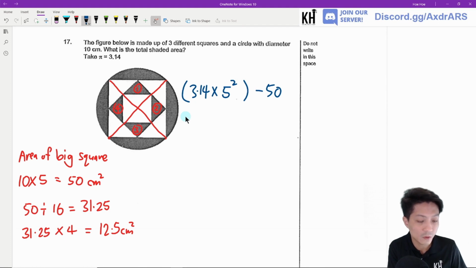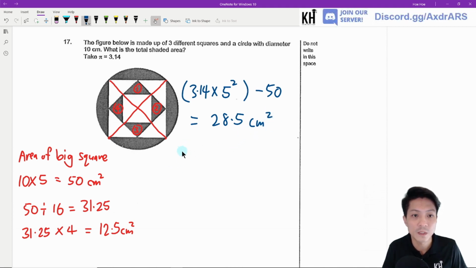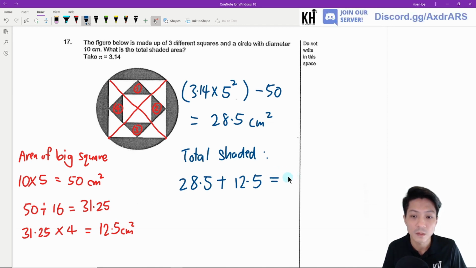So 3.14 times 5 square minus away 50 is equal to 28.5 square cm. And so to find the total shaded area, I'm just gonna use 28.5 plus 12.5, which will give me 41 square cm.